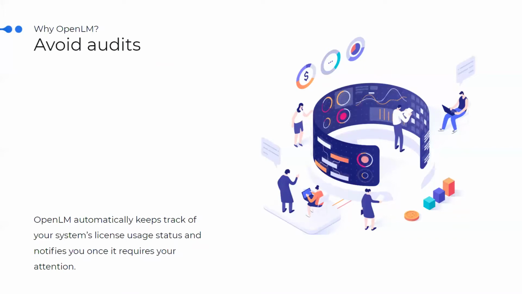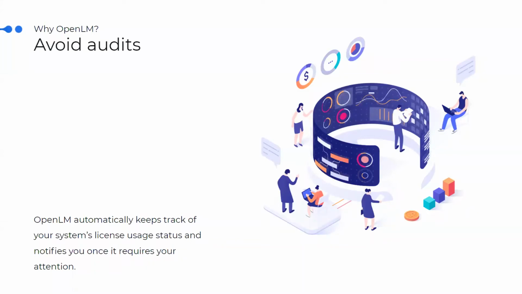Now, one of the most important aspects these days, avoid audits. OpenLM automatically keeps track of your license usage status, and it notifies you once it requires your attention. So lastly, due to constant automated reporting and reliability of the system, vendors can easily receive up-to-date validated reports, using OpenLM either manually or automatically.